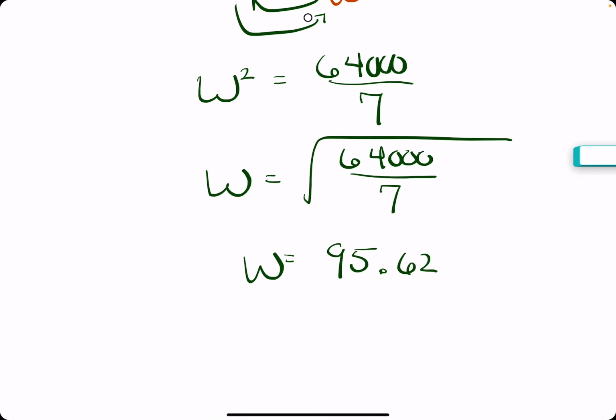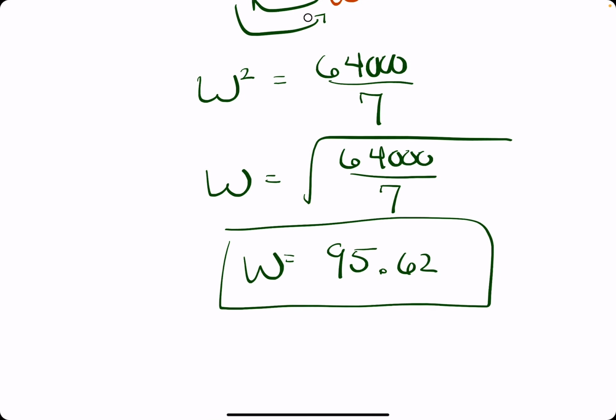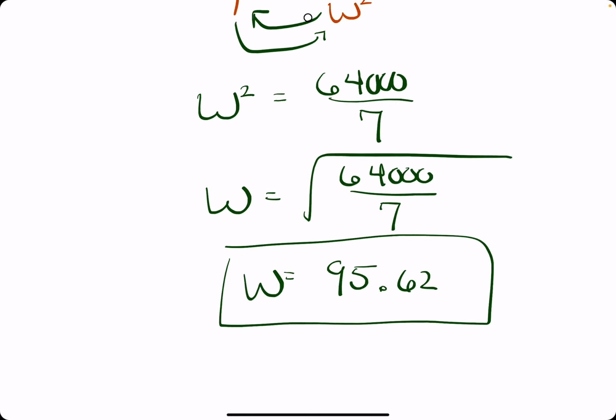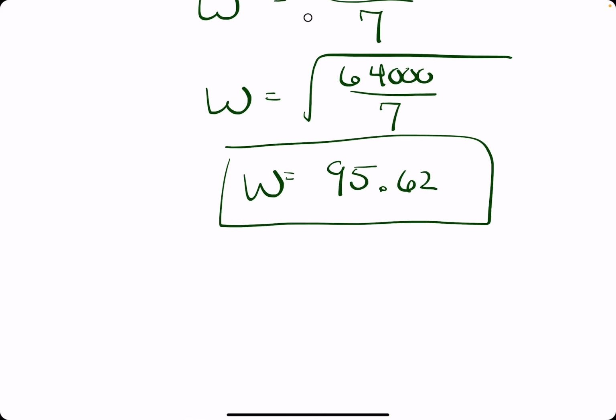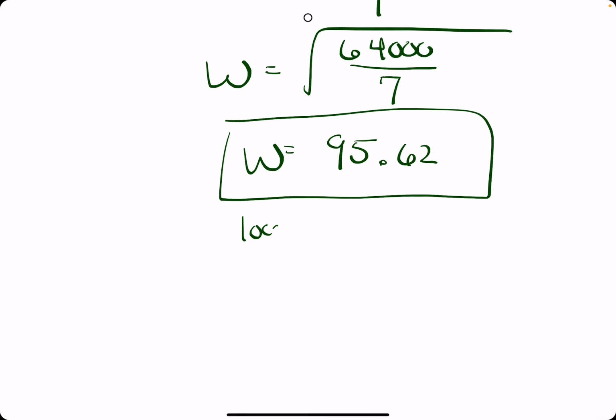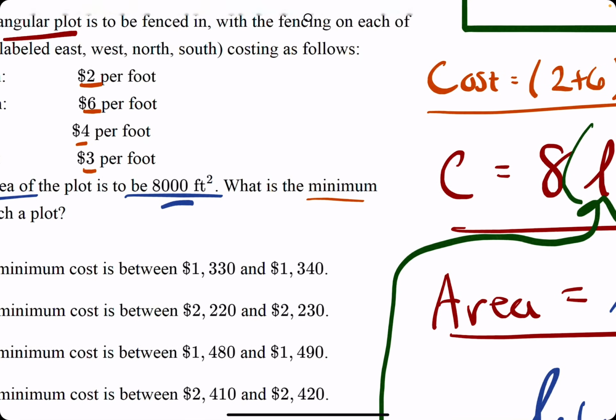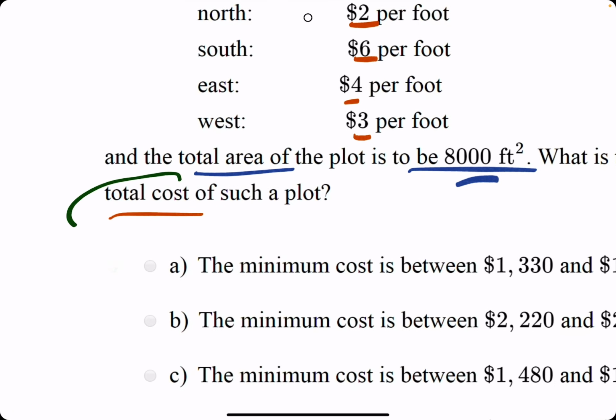We have our width. And something I mentioned in the other example for this problem is that whatever we get for the width should be the width for which the cost is at a minimum.